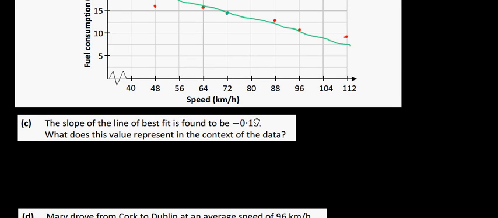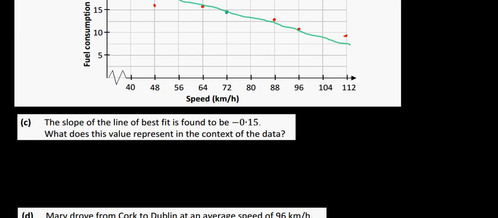So you need to just put that in English here. Let me just write this here.